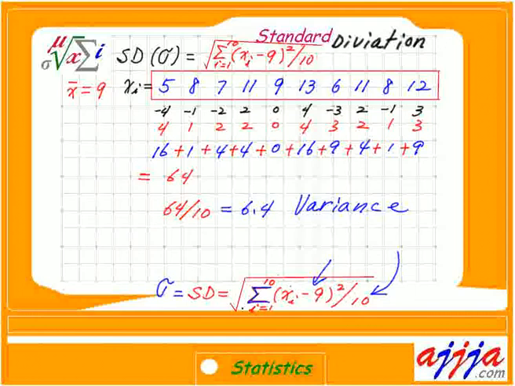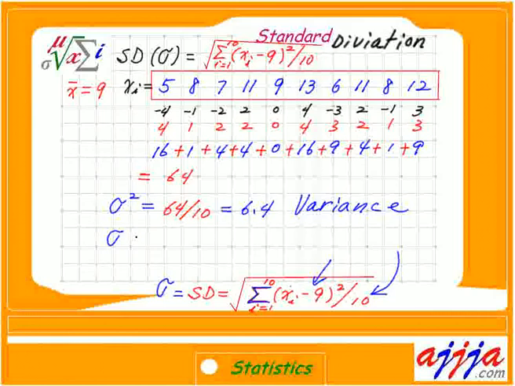Now you have to put the square root sign, right? But right before that, what do we call this? The name is variance. Very important. So variance is inside of this, right before you put the square root sign.